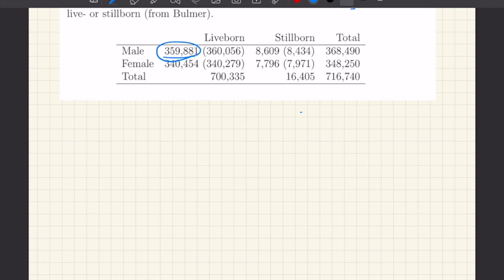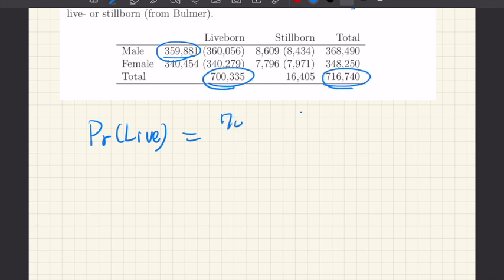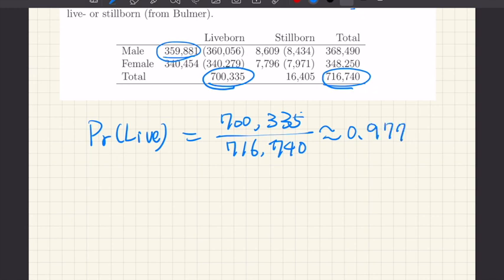So let's estimate the probability of live born, which is this number divided by the total number, 700,335 over 716,740, which is about 0.977 and so on.